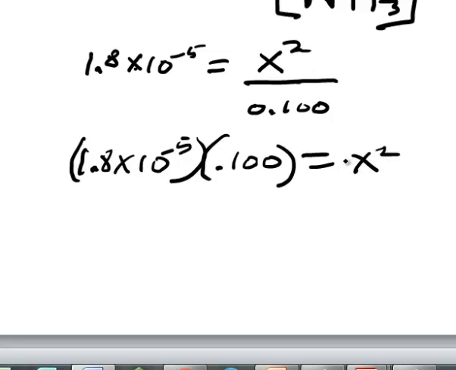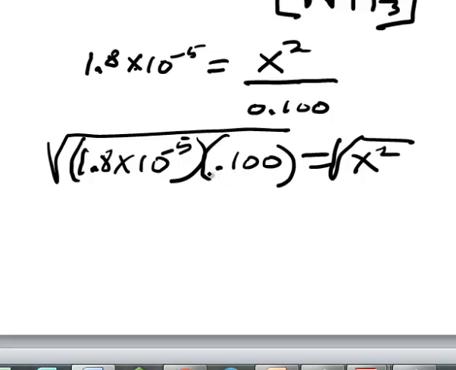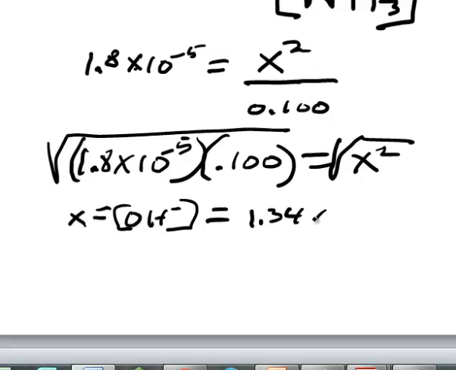We get rid of the squared term by taking the square root of both sides of the equation. When I do that, I wind up with an x value, which is equal to the hydroxide ion concentration, which is 1.34 times 10 to the minus 3 molar.